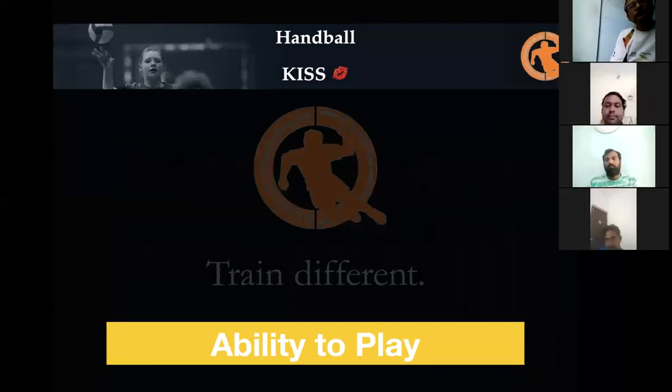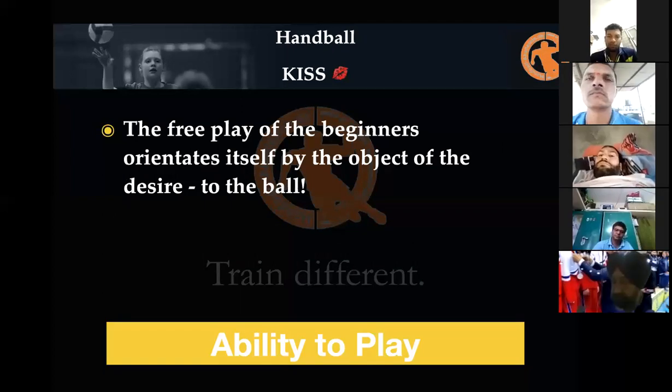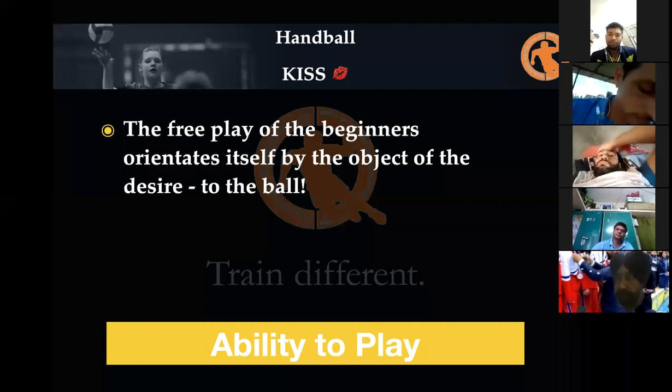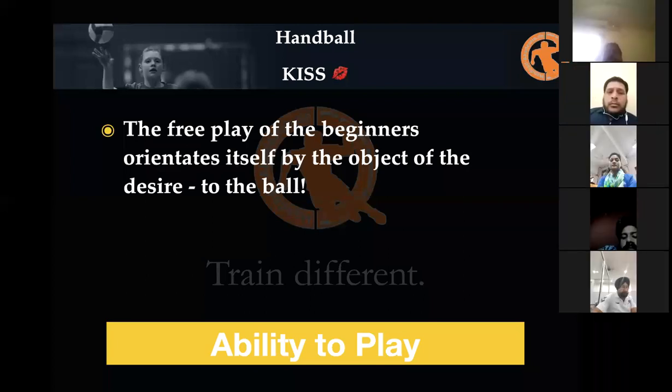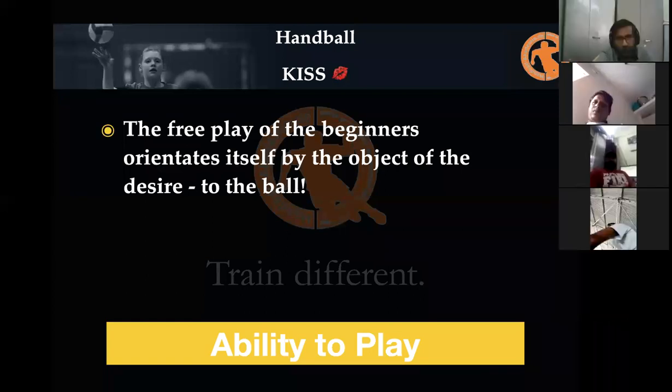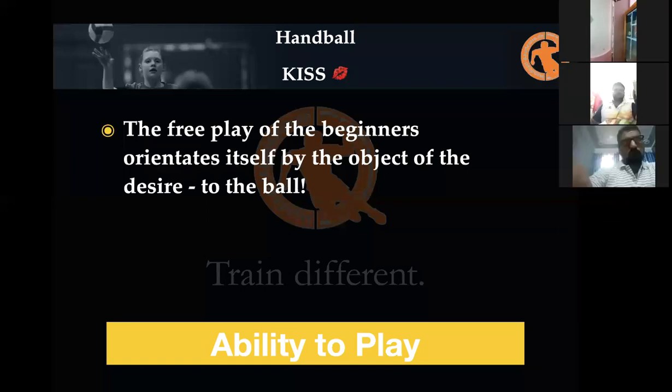Okay, now if we start with the beginners, it's always a game in open space, and it's always a game that is orientated to the ball. Every player wants to have the ball, so they move to the ball, and they are like a cloud of players around the ball.